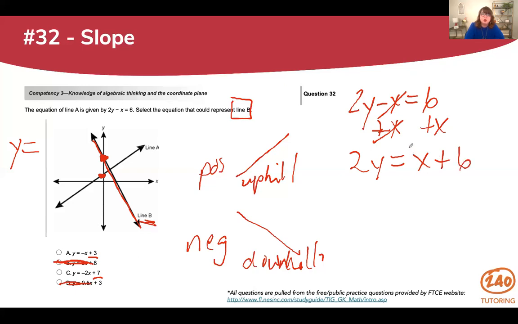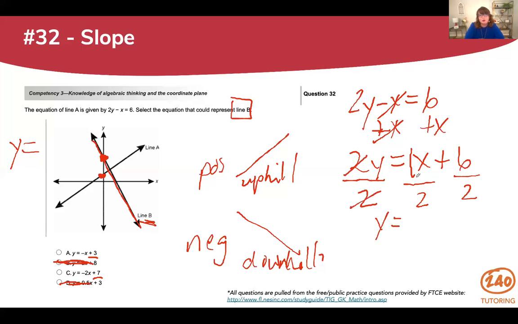Now you could write this as 1x if that helps you. If there's no value in front of it, you know it's 1. I've still got to isolate that y. I've got a number next to a letter, which implies multiplication, so we can divide both sides by 2 to isolate that y. Those 2's cancel each other out.